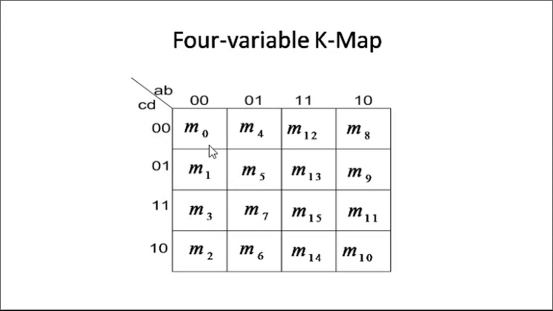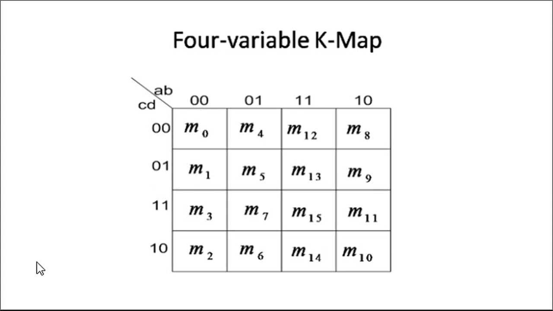So all 0 means 0. Then here, 0 1 0 0 means the decimal equivalent is 4. That's why we write it as M4. Observe here, 0, 0, then 0, 1.